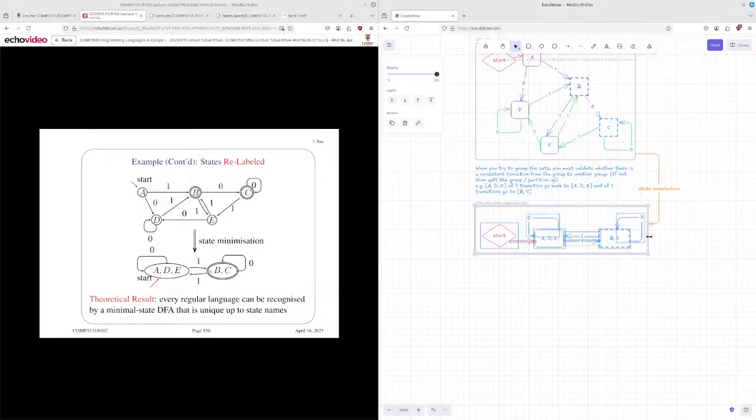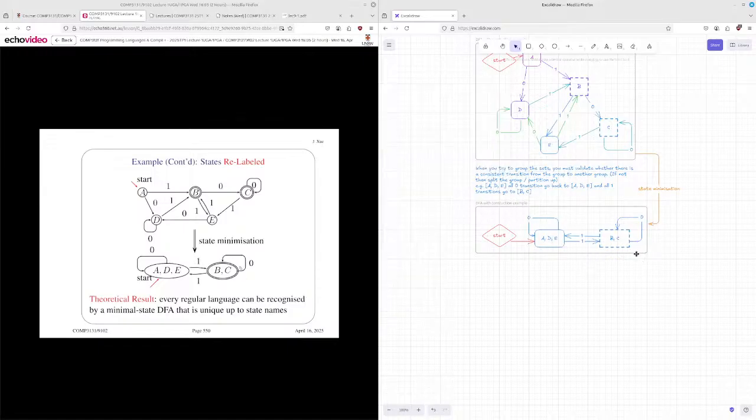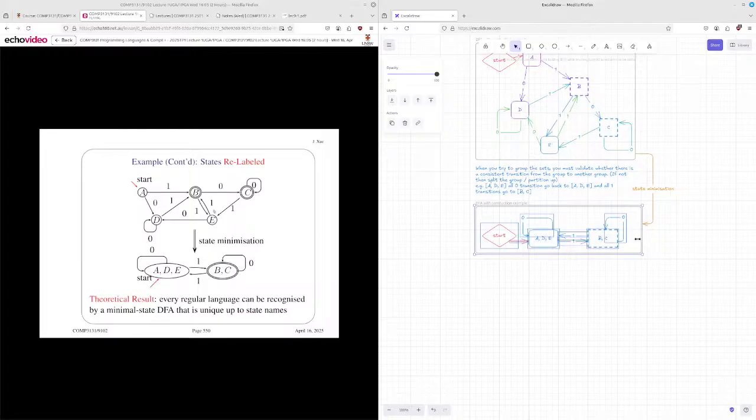As long as the number of ones is even, you stay here. As long as the number of ones is odd, you move to this one. So whether you do it with 2 states or 5 states, it doesn't change the fact that both machines accept exactly the same language: the set of strings with an odd number of ones.